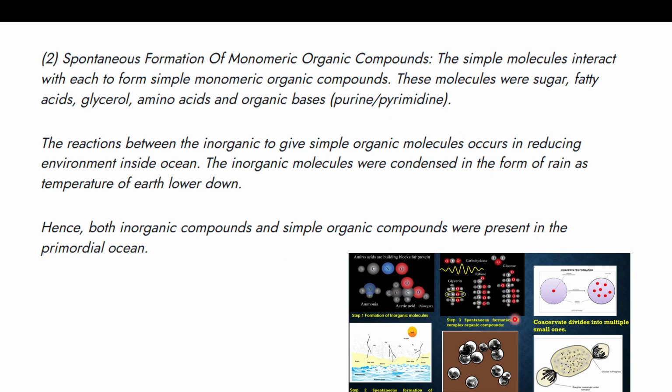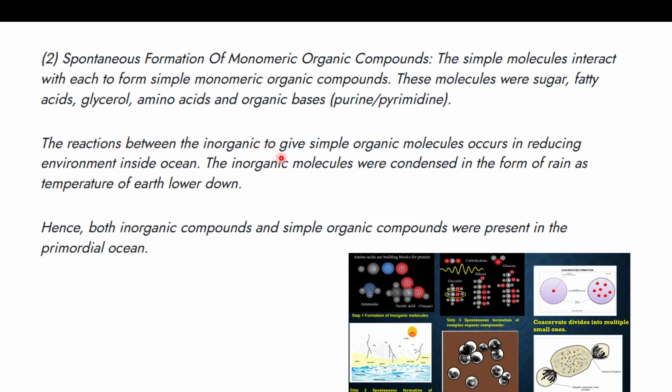The second one is the spontaneous formation of monomeric organic compounds. The simple molecules interacted with each other to form simple monomeric organic compounds. These molecules were sugars, fatty acids, glycerol, amino acids, and organic bases like purines and pyrimidines. Purines and pyrimidines are building blocks of the genetic material that we have today, DNA and RNA.